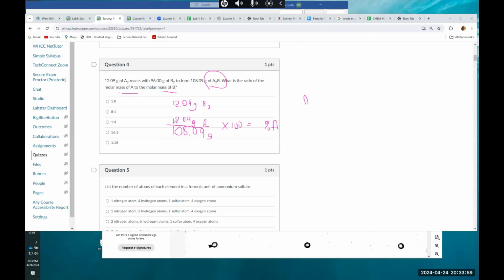So for our B, that one would be 96.02. But in this case, we only want half of that. So it's going to be 1/2 of that.